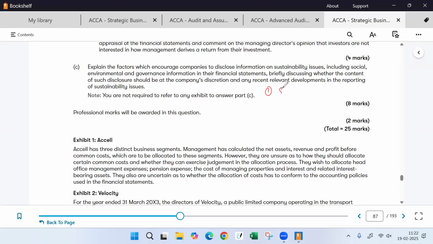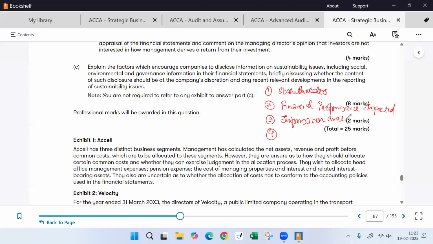The first factor is the stakeholders. The second factor is the financial performance being impacted, correct? Right? The third one will be information available, the relevant information that is available, correct?